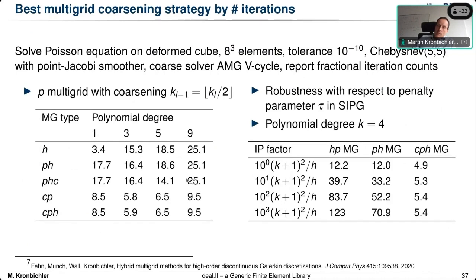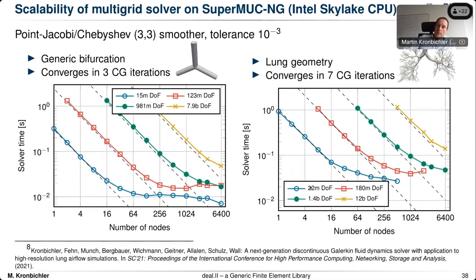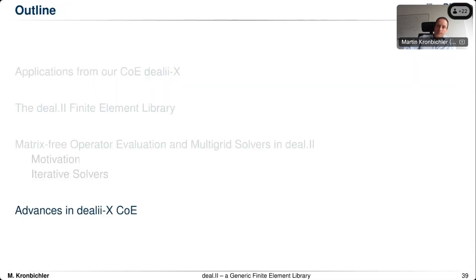But when you do it with this auxiliary space, so the C meaning the embedding into continuous from discontinuous, doing that at the finest mesh level, you actually still see an increase at some point, but it's actually very low iteration counts in comparison. So it really gains you something, and it's robust for penalty factors and other parameters. We have applied multigrid on large scales, just showing you that it scaled well on the old machines with CPUs, and we're doing similar experiments right now for GPUs and testing them.